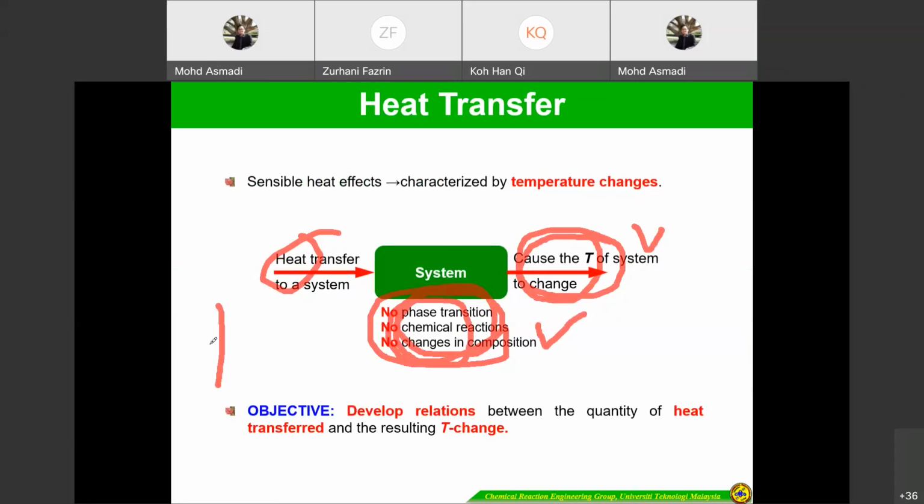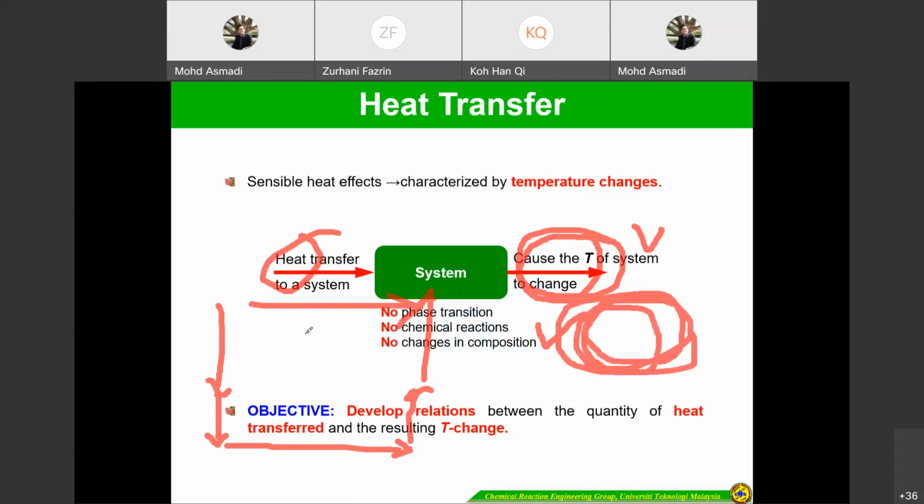Maybe there's a change in temperature, and then a change in the phase, right? And then there is a heat of reaction, right? And then a change in the phase, a change in the temperature, and then you can get delta H. There is a latent heat, sensible heat, heat of reaction, right?